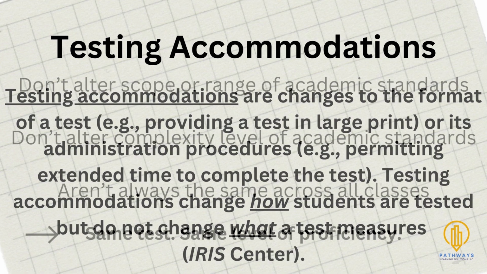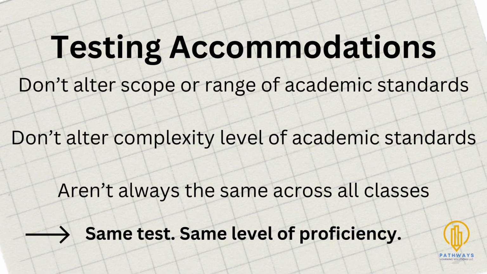Testing accommodations don't alter scope or range or academic standards, and they don't alter the complexity level of academic standards. And they aren't always the same across all classes, just like the others. In other words, you have the same test plus the same required level of proficiency, and that'll equal your testing accommodations.